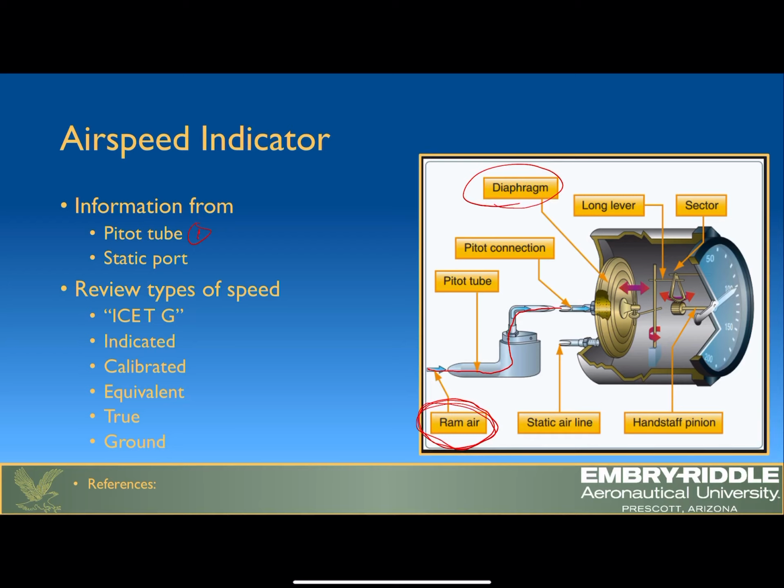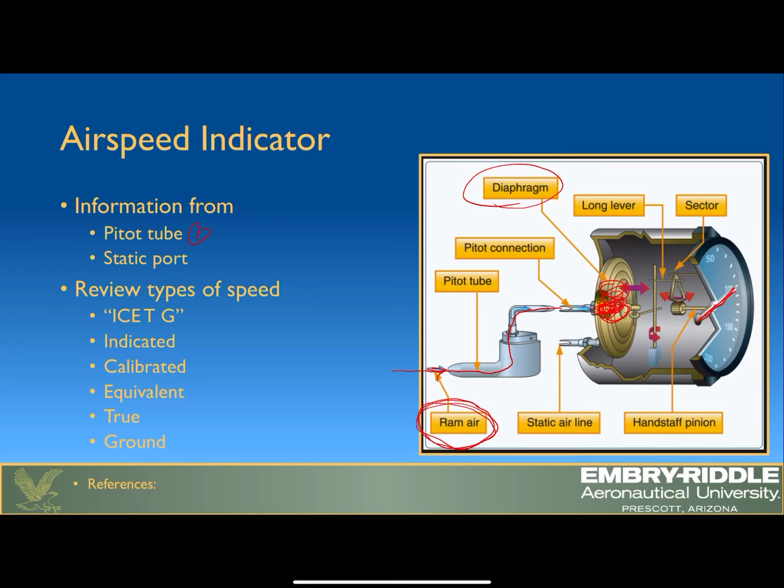The faster we travel through the air, the more ram air is coming into the pitot tube, the more pressure is going to be built up inside the diaphragm, and it's going to expand. As it expands, you can see we have some mechanical linkages that translate that to airspeed. So it measures that change and translates it into airspeed.